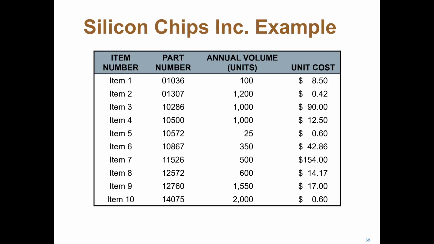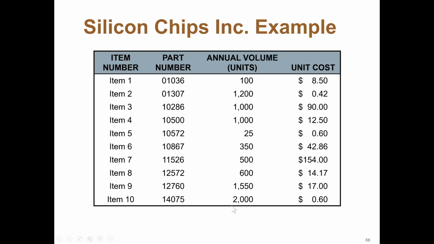Some items are expensive, like item number 7 at $154 per unit. Similarly, item number 3 has 1000 units and the unit cost is $90. And then there are some items which are very cheap. For example, item number 10 is only 60 cents and its volume is 2000, and so on.